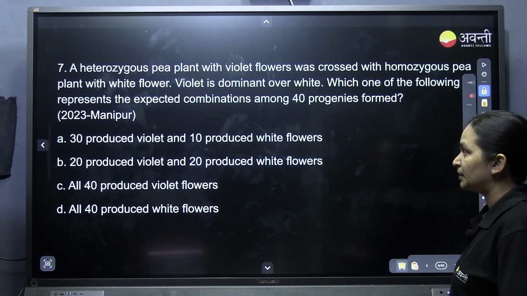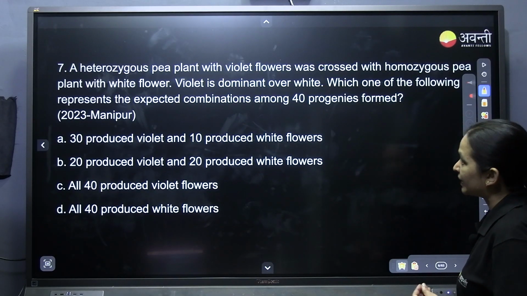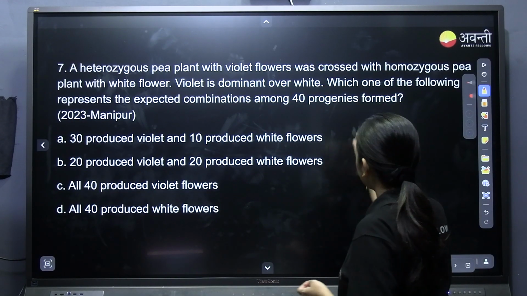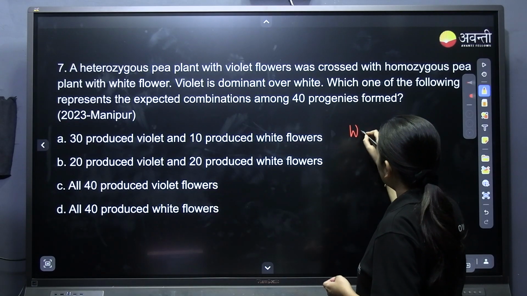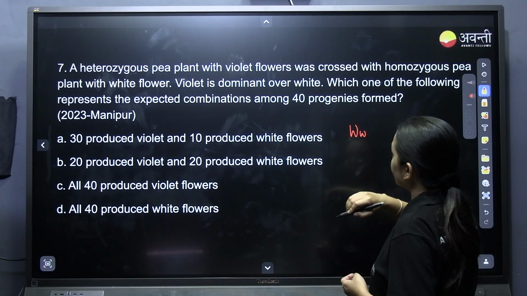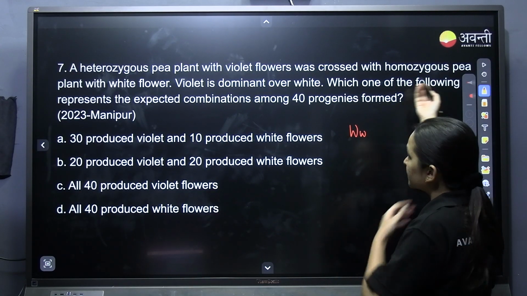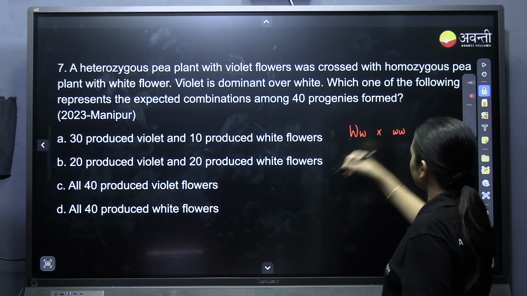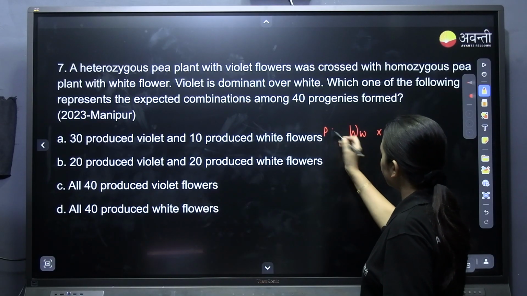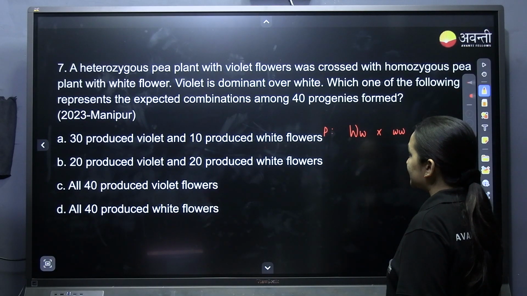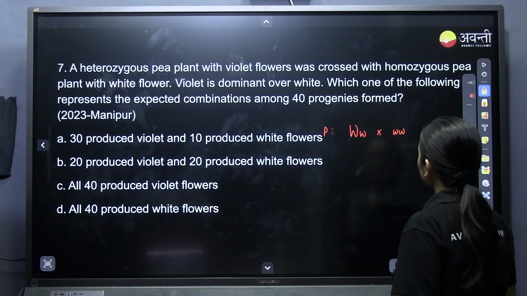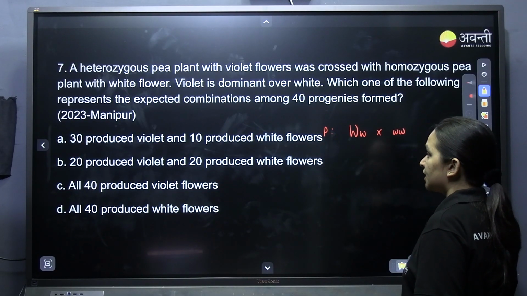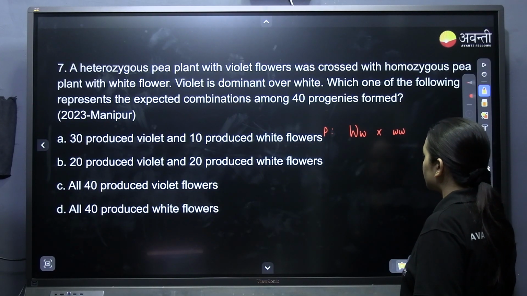A heterozygous pea plant with violet flowers. Heterozygous violet means capital W, small w, this is the violet flower, was crossed with the homozygous pea plant with a white flower. It is crossed with small w, small w. That is, this is the parent generation. Violet is dominant over white. Which one of the following represents the expected combination among 40 progenies?